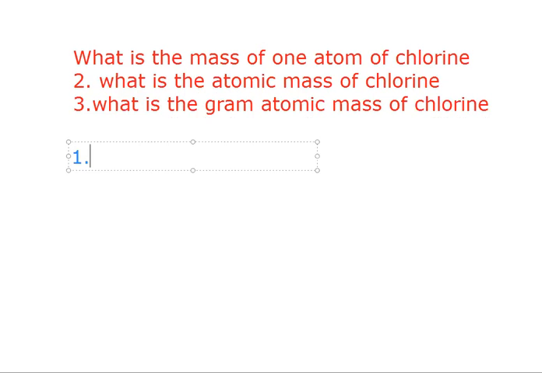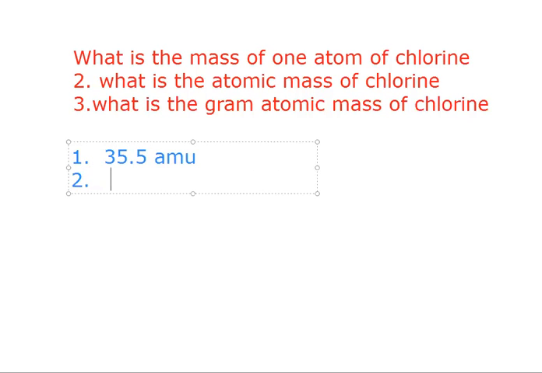Now let us solve one by one. The first, the mass of one atom of chlorine, we already know, that is 35.5 AMU. That is already calculated. So this is our answer for the first question.